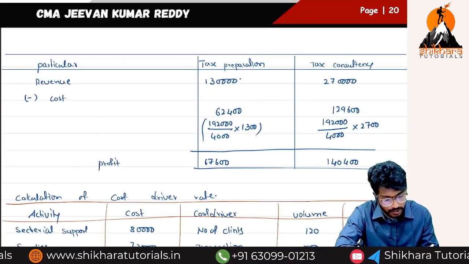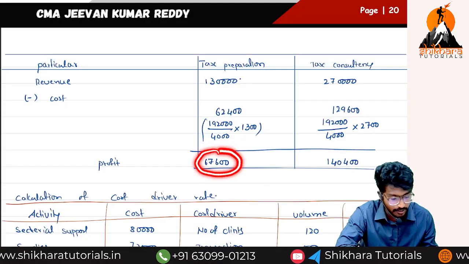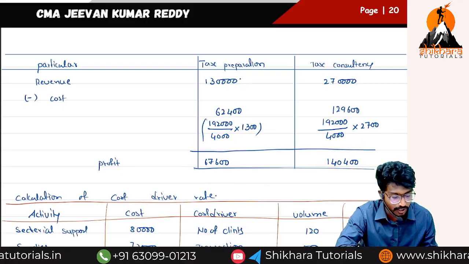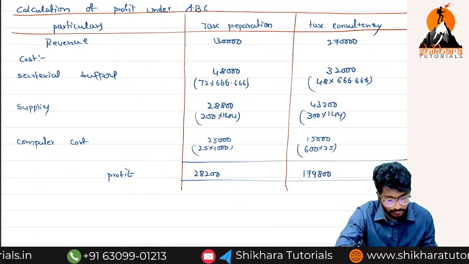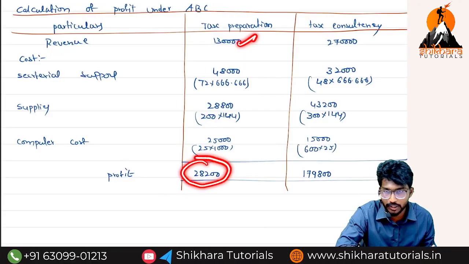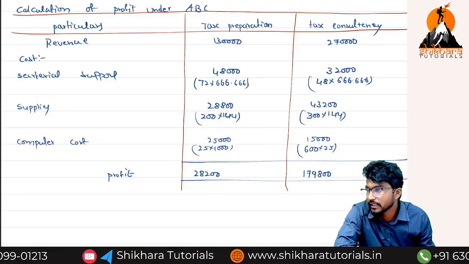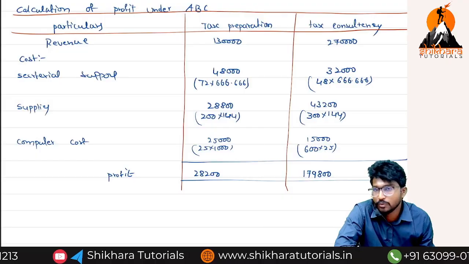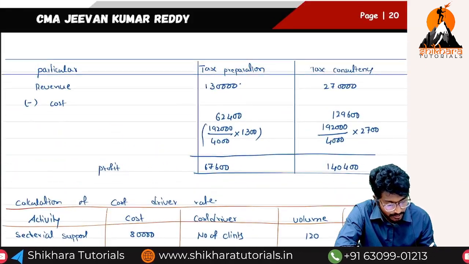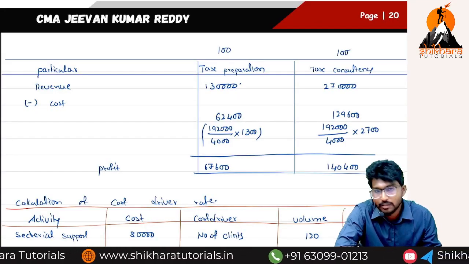If you see, as per the traditional costing system, our tax preparation profit is 67,600 and tax consultancy profit is 1,40,400. But under ABC, the actual profit from tax preparation is 28,200, and from tax consultancy is 1,79,800. Here you are charging 100 rupees per hour, and here also 100 rupees per hour.